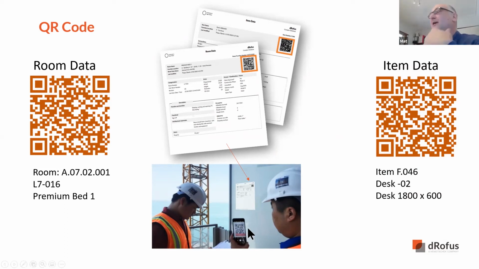Is the thermal done, the acoustics done, has all the fit out stuff been done? So just emphasizing that point, the QR code goes back to the room, and the best way to use that on site is via the dRofus web rather than the client, although you can view it from both if you wish to.